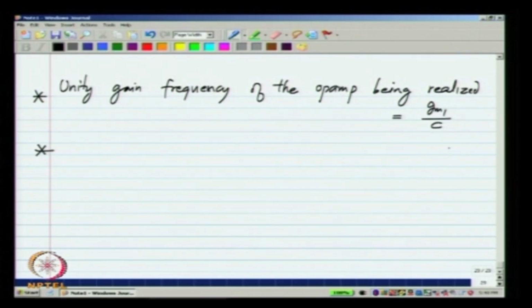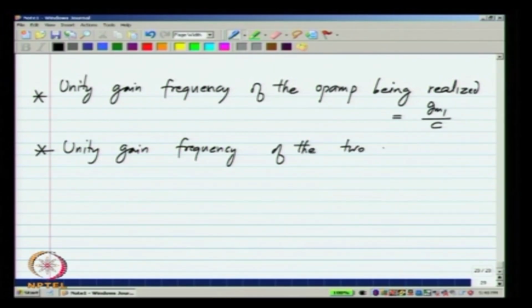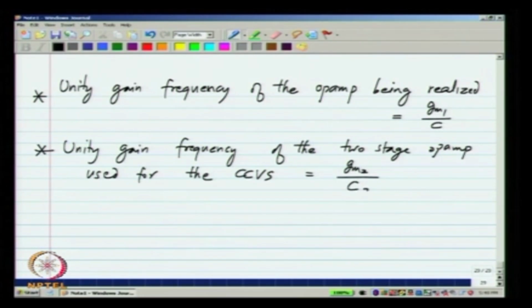Now, the unity gain frequency of the two stage op amp used for the current control voltage source is GM2 by C2.